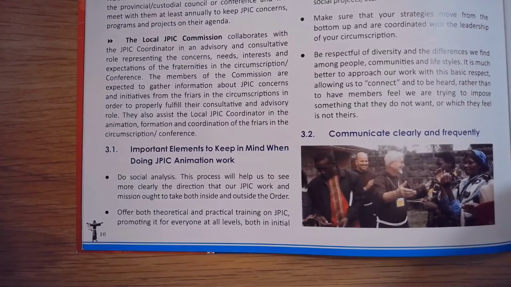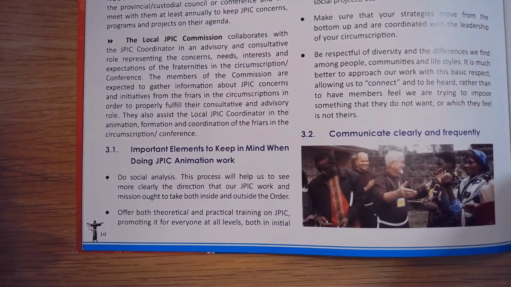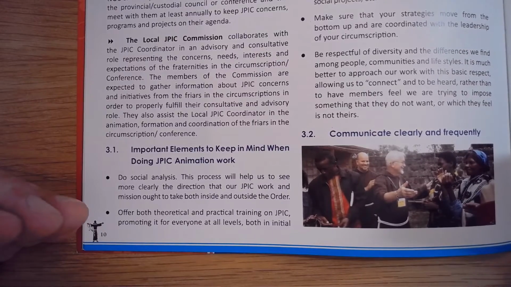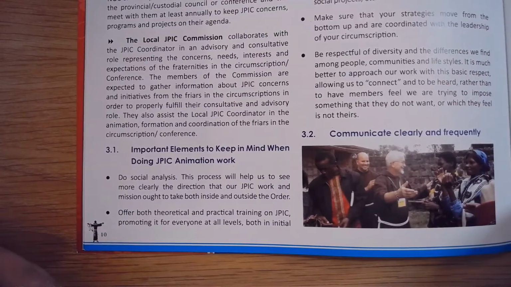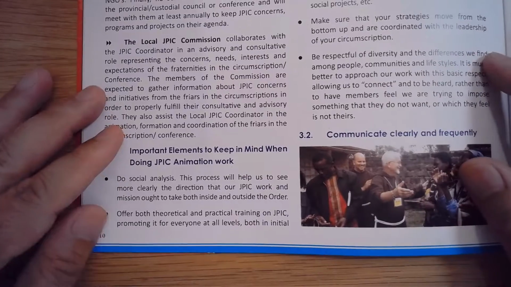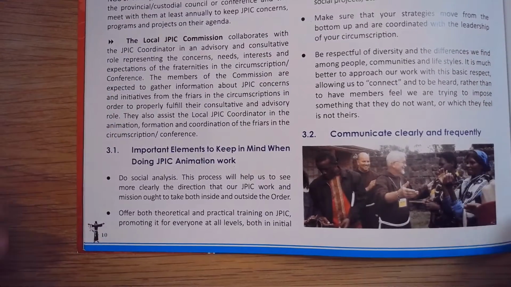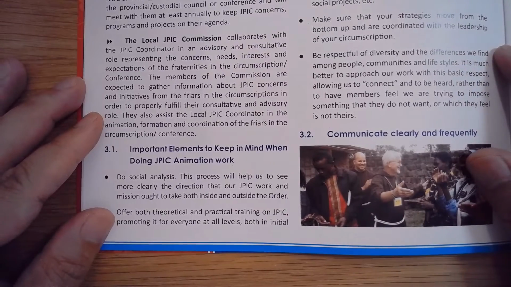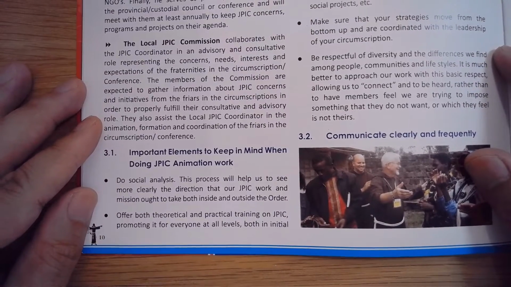If you can join in their work, for example, if you can allow yourself to be adopted by a family in the community, so that you can stay for some time with them, then you really experience what they are experiencing. If, for example, there's a need for better water, or there's still a need for food, you will really experience it by staying with them. It's like being the shepherd that smells like the sheep.